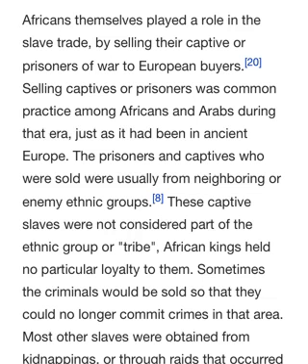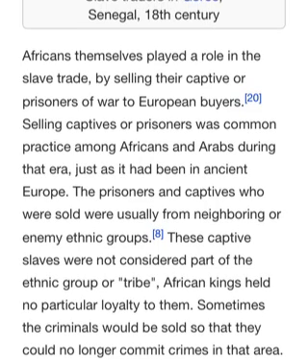It says sometimes the criminals would be sold so that they could no longer commit crimes in that area. Again, it's letting you know right here that these criminals would be sold so they would not cause any trouble in the area. Again, it's no big mystery that Canaan upon his deathbed told his children to love themselves and love robbery and unchastity, and to hate their masters and do not speak the truth.